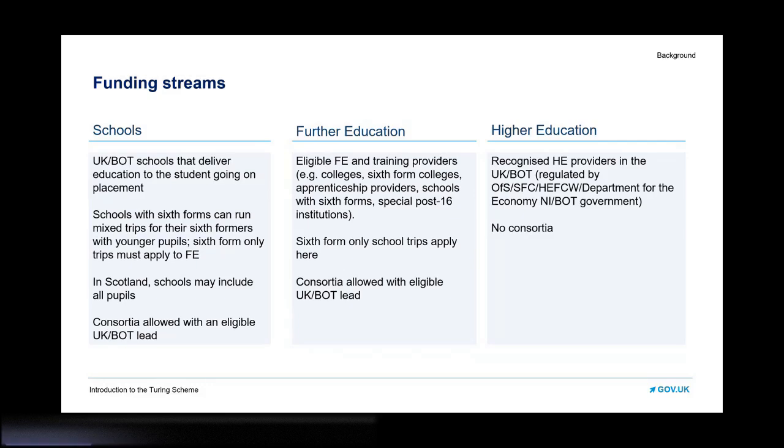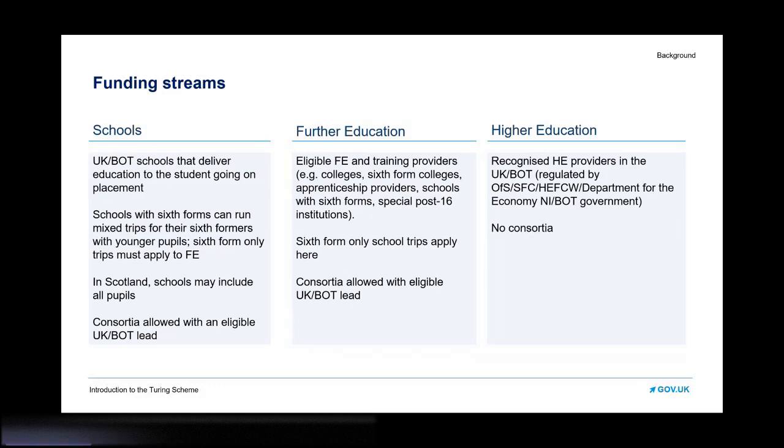The further education scheme is for further education and training providers such as colleges, sixth form colleges, apprenticeship providers, and special post-16 institutions. And it also covers those sixth form only school trips for schools in England, Wales, and Northern Ireland.